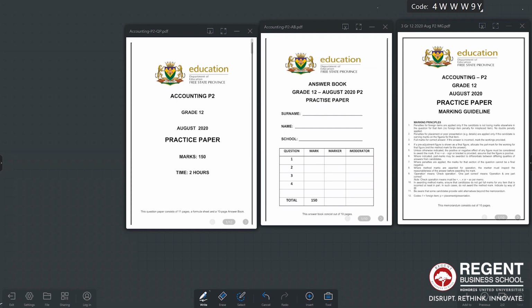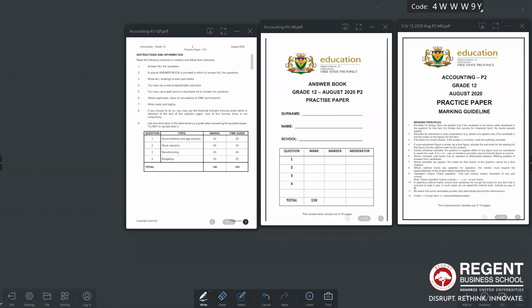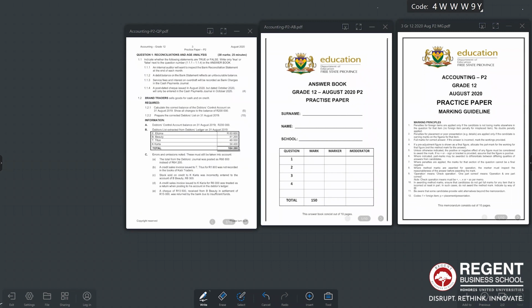But let's look at the very first question in this paper. And what I've done, I put up the memo also, so I will show you the answers, because there's so much theory in paper 2.